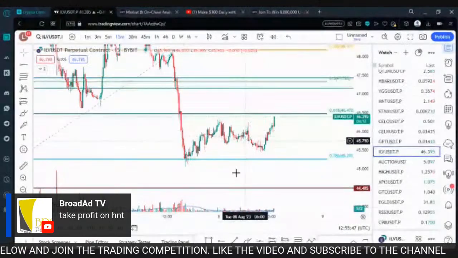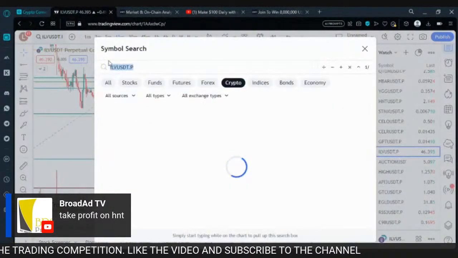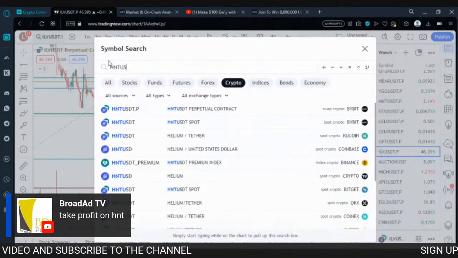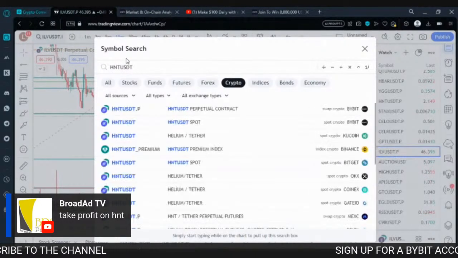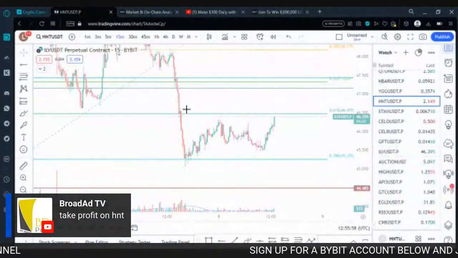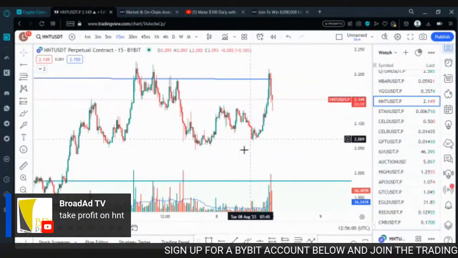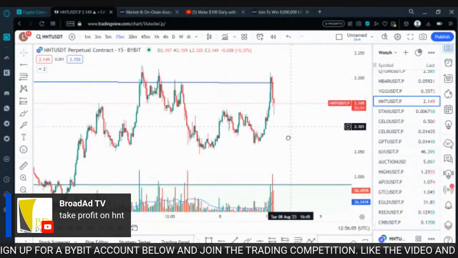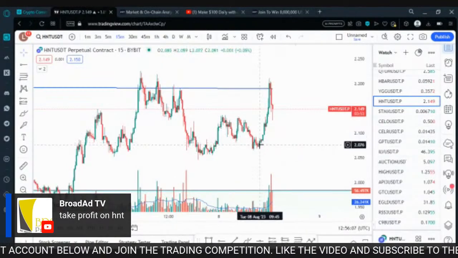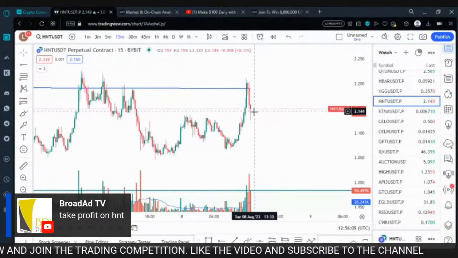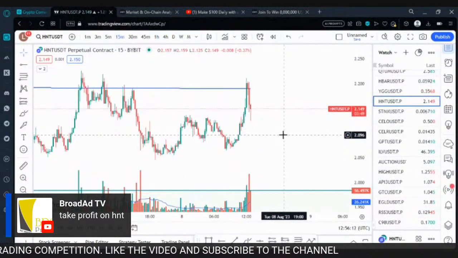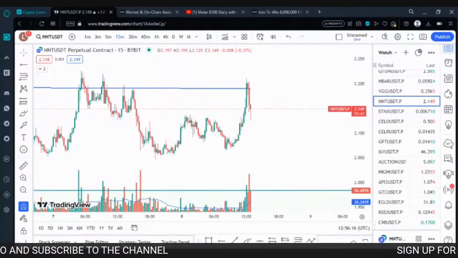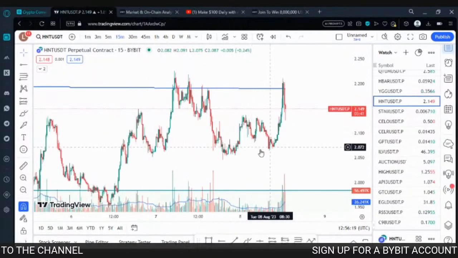Let's go back to HNT and see where we are currently. Look at that, it actually played out, right? What I was saying, look at it, it actually played out. All right, so if you are still in that trade, congrats to you guys.